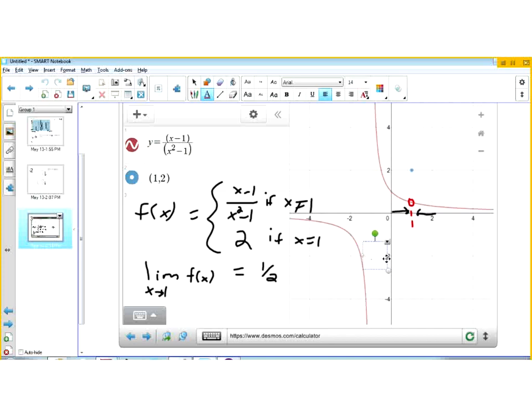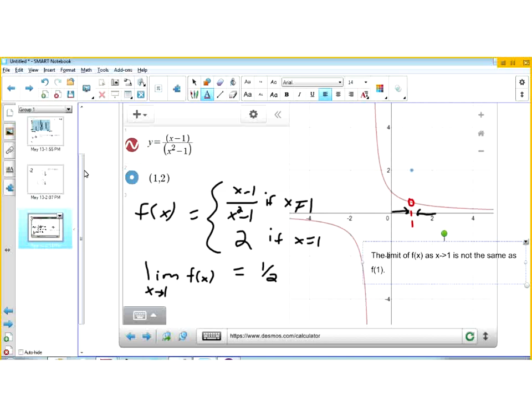What's being demonstrated here is the limit of f of x as x approaches 1 is not the same as f of 1. Okay? Right? The limit is 1/2, but f of 1 is 2. So a rather peculiar case shows up here. Okay. All right.